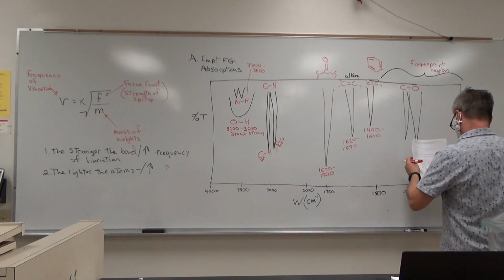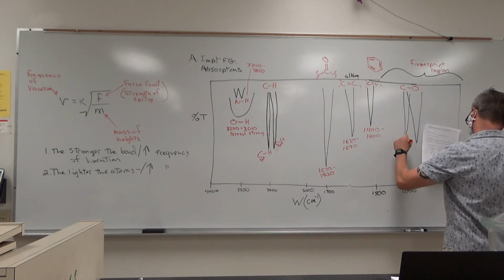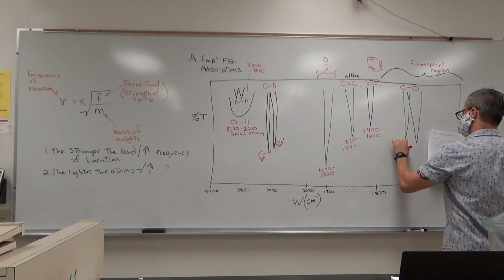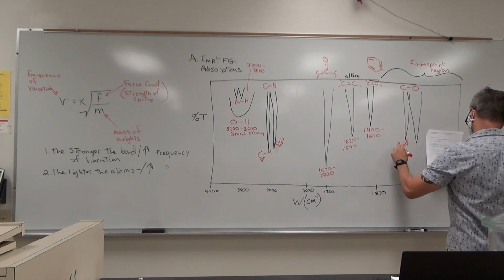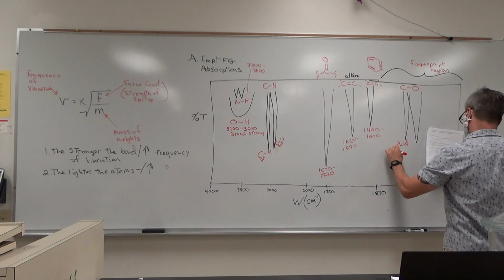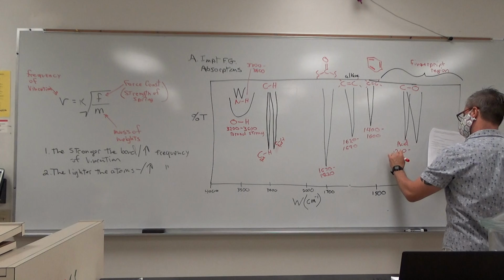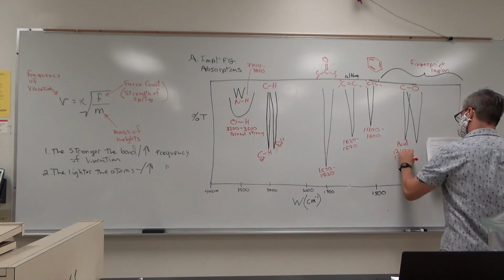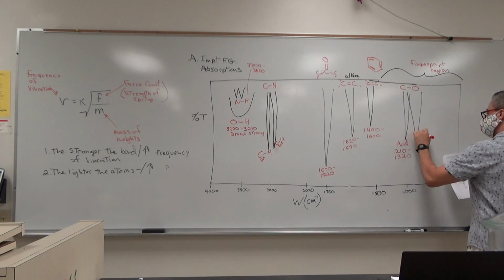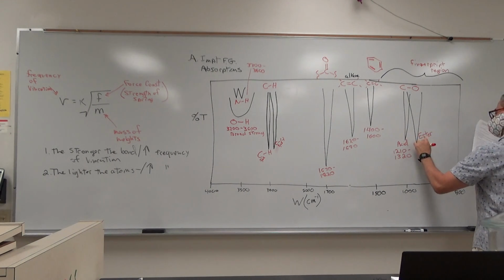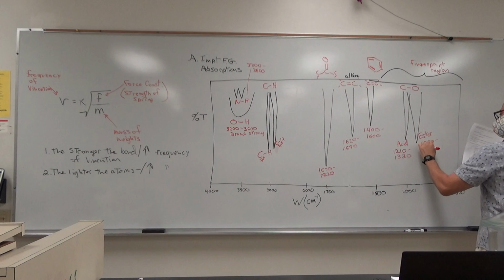If it's a carbon to oxygen single bond for an acid, a carboxylic acid, these were obviously chosen because your molecule has an acid, 1210 to 1320. And for an ester, it is about 1000 to 1300.